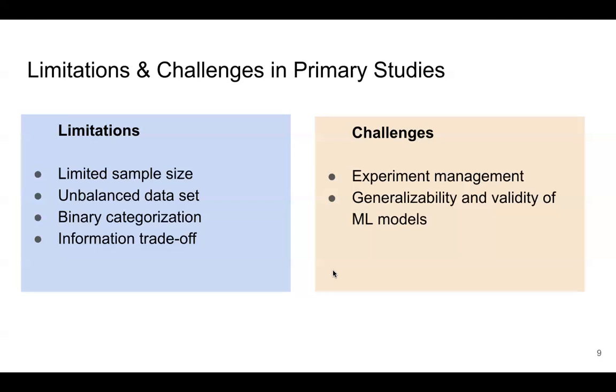The second challenge is the generalizability and validity of machine learning models. This is not an uncommon challenge in the domain of machine learning because of the limitations we mentioned before, for example, small-sized sample and unbalanced data.